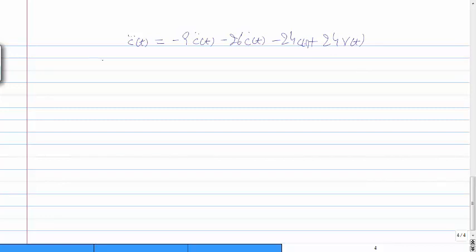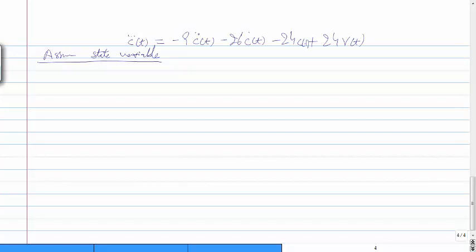Now I told you to assume state variables. So how many state variables do we have to assume? Three state variables, because the highest derivative tells us the number of state variables.